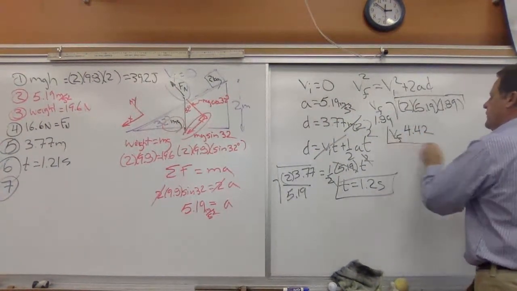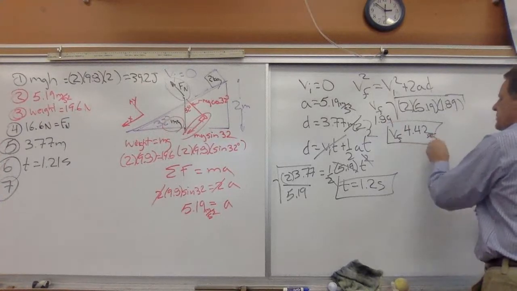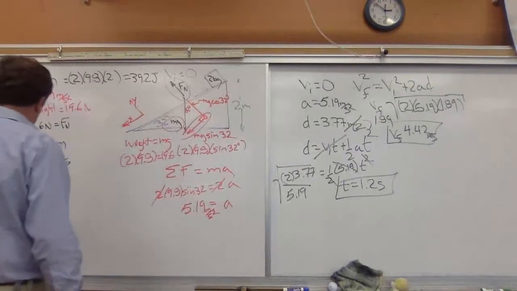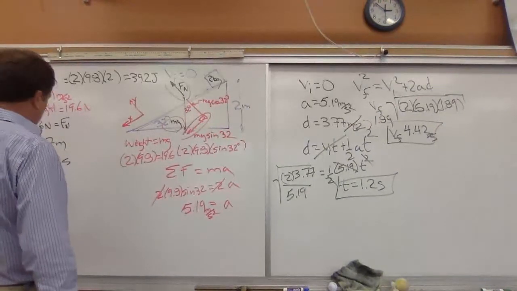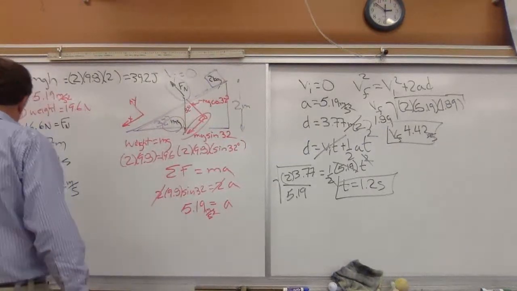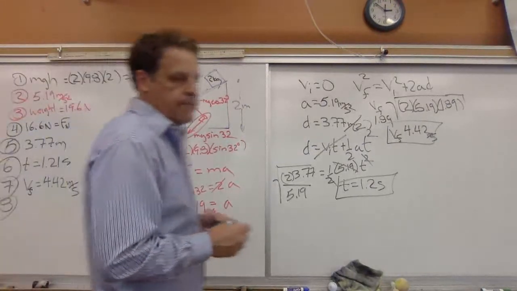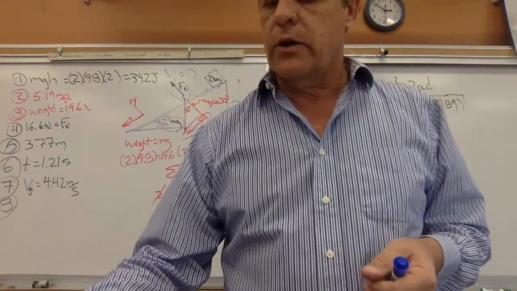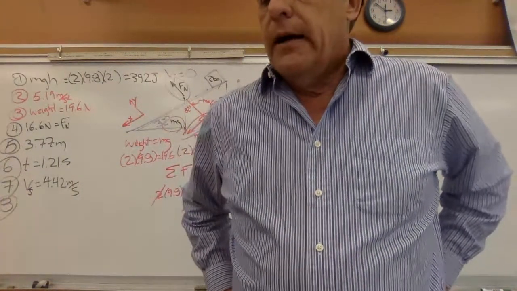So 4.42 is equal to our final velocity, in meters per second. Now remember, that's only halfway down, so velocity is equal to 4.42 meters per second.